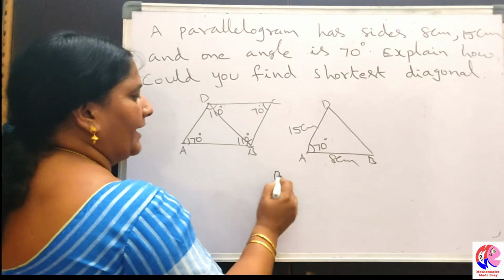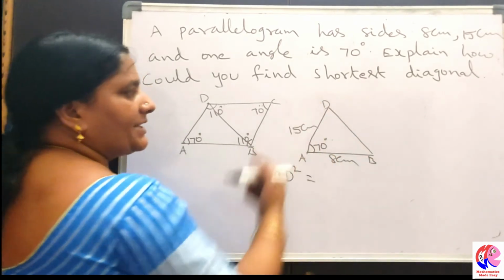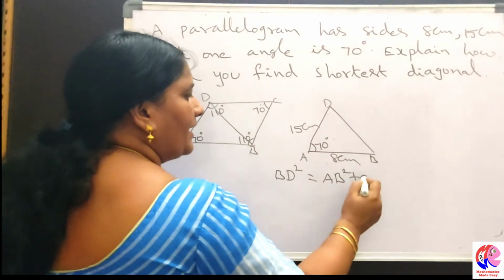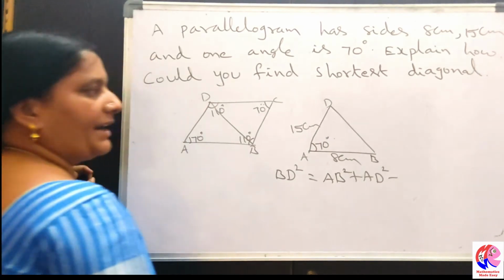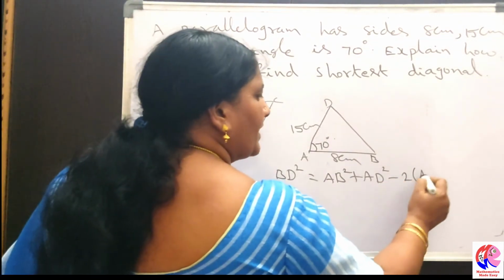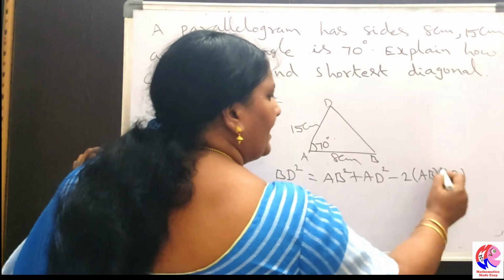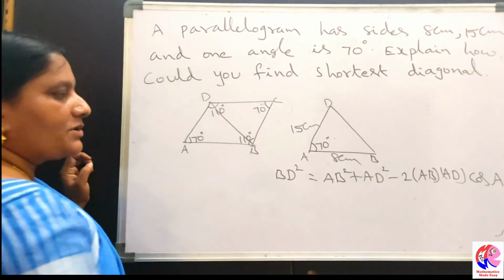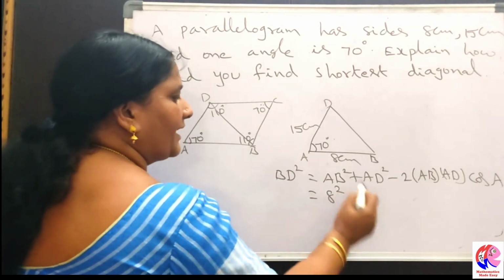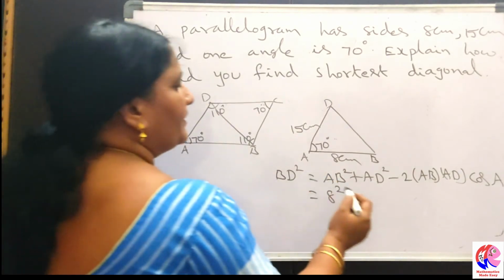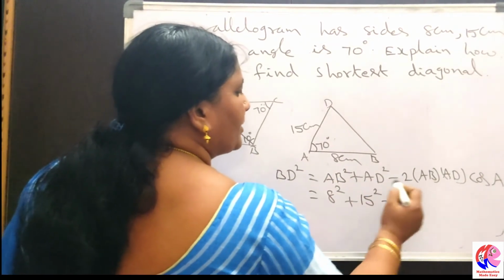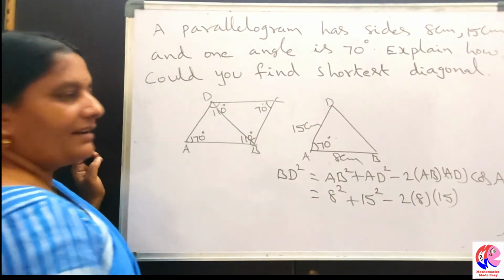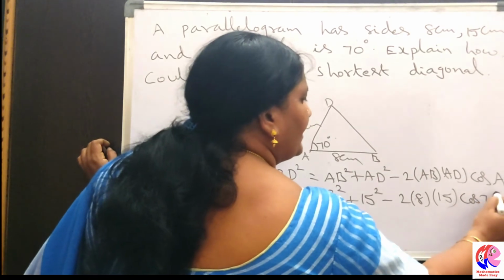So BD square is equal to AB square plus AD square minus 2 into AB into AD into cos A. So AB square is 8 square plus AD square, which is 15 square, minus 2 into 8 into 15 into cos 70 degrees.